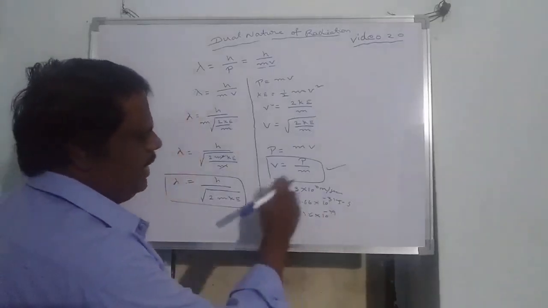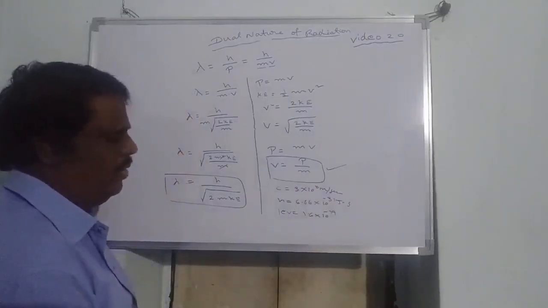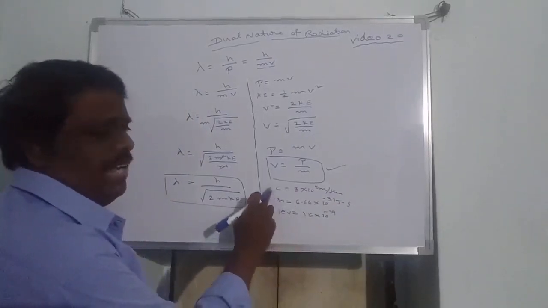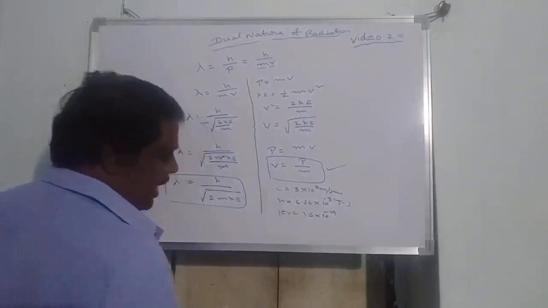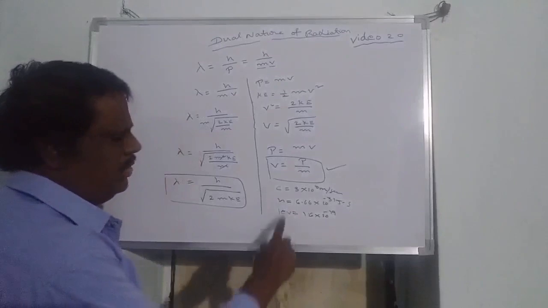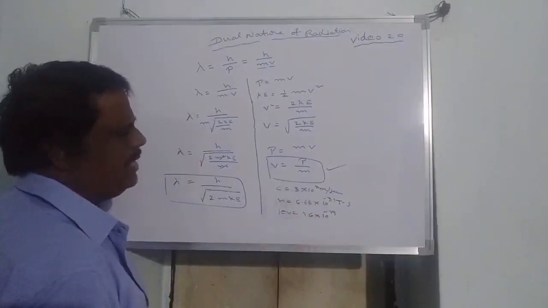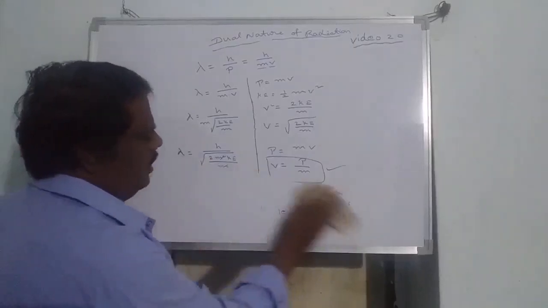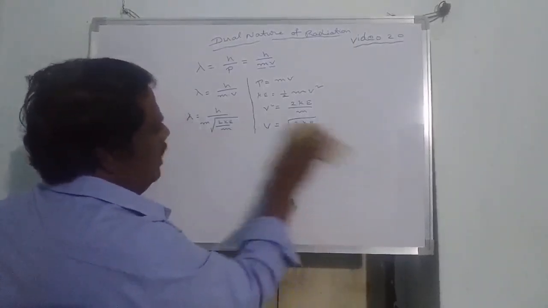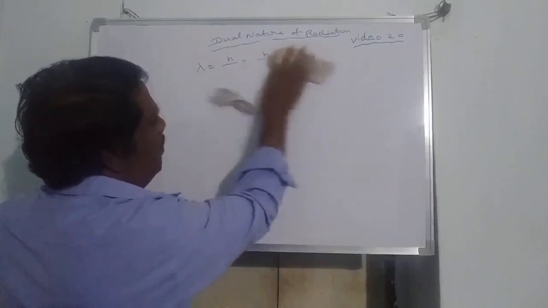We have to remember these values: the electron volt value, Planck's constant value, and C, the velocity of light in vacuum, 3 into 10 power 8 meter per second. These are the values we have to remember for solving the problems.